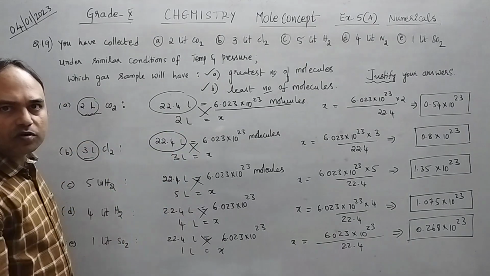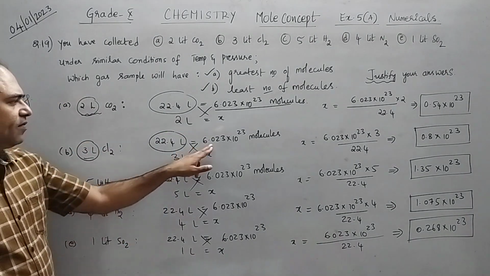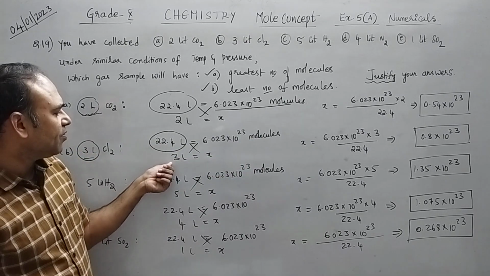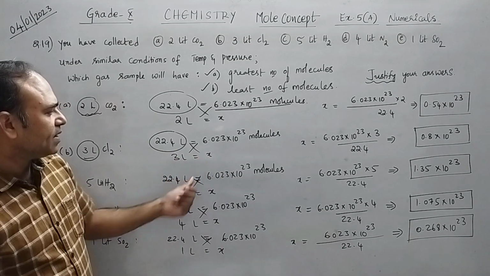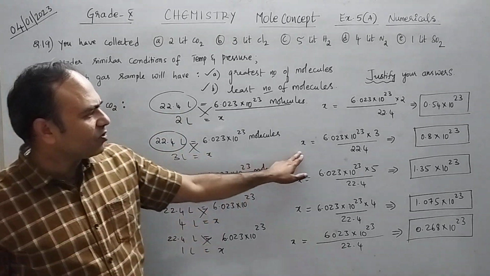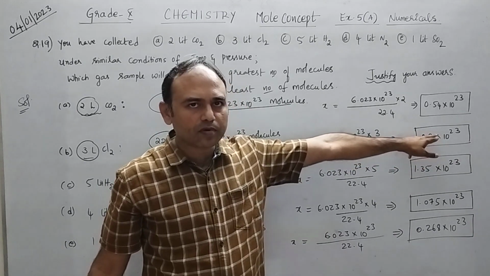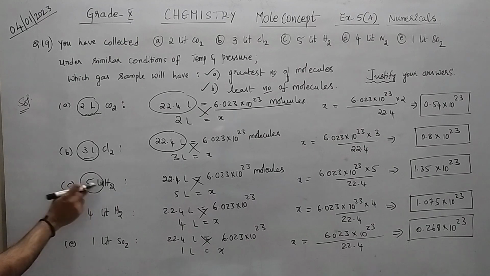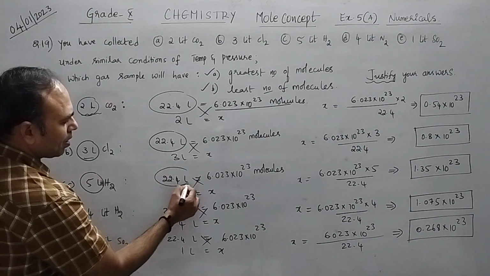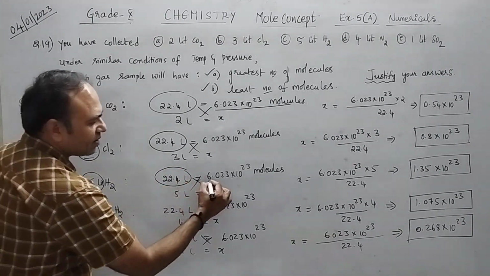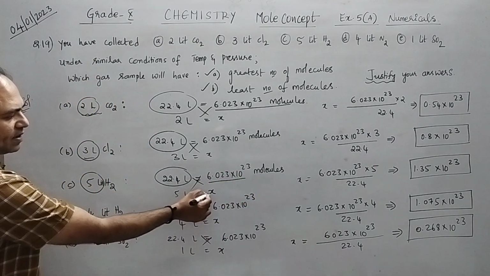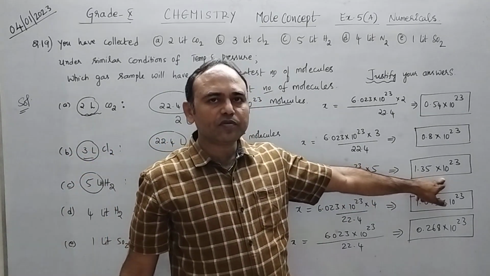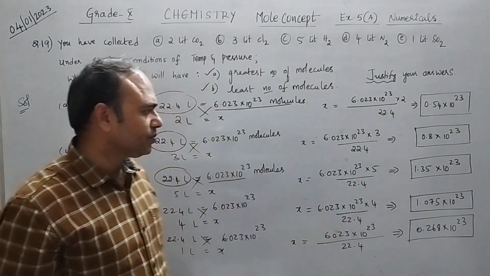For a standard 22.4 liters of chlorine, you have Avogadro number of molecules, but instead of 22.4 they have given only 3 liters, so we take it as X, cross multiply, so X will be 0.8 into 10 to the power of 23 molecules of chlorine. Next, 5 liters hydrogen, apply the same method. 22.4 liters hydrogen has Avogadro number of molecules, 5 liter is taken as X, on cross multiplication we get 1.35 into 10 power 23 molecules of hydrogen.